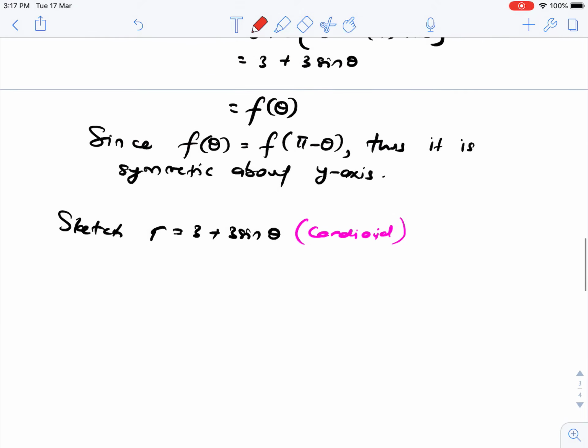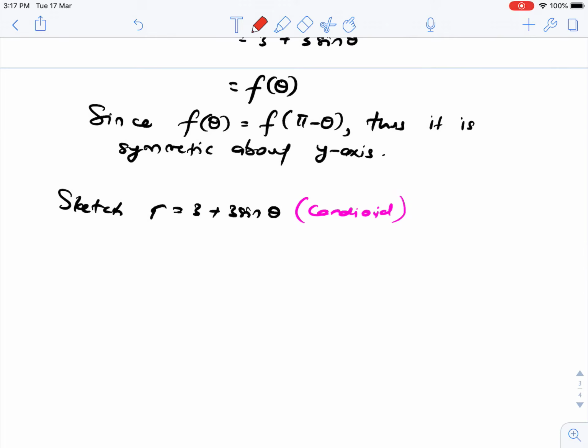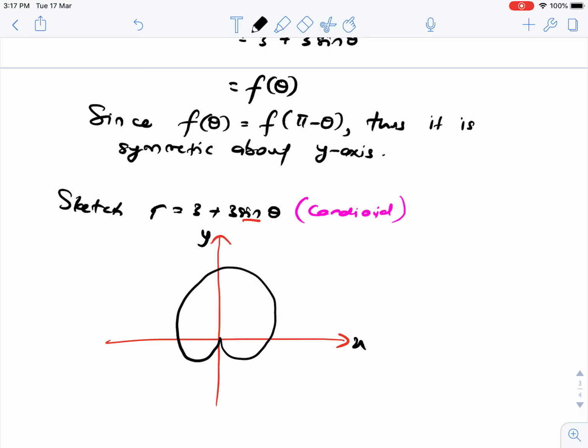So if we plot the graph, we know that we have sine here, so of course it's related to the y-axis. The graph will be like this. Now guys, this coordinate here should be 3 and here should be negative 3.